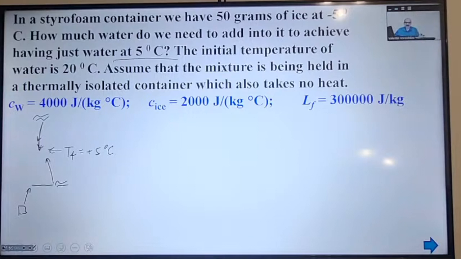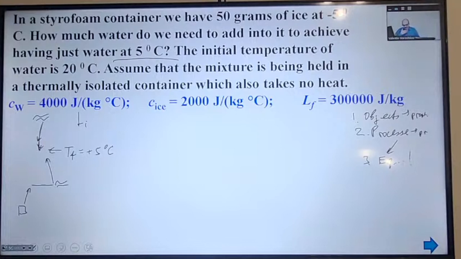I can read the initial temperature, and let's call it the object number one. In each situation, of course, every problem-solving process starts from objects, but then we have to count processes. Objects have properties, processes have properties, and those properties are described by equations.